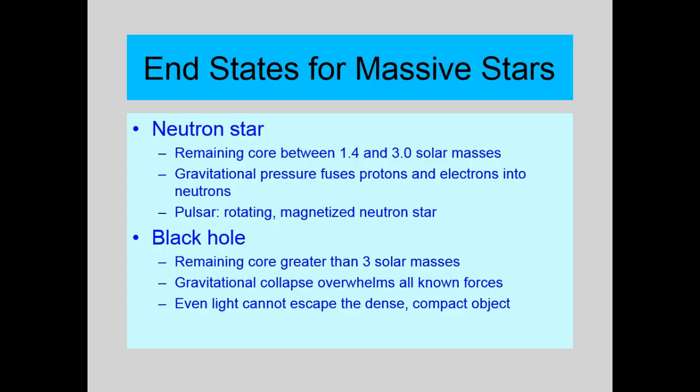Even light cannot escape that gravitational collapse. So you have this even more massive, more dense than these neutron stars, and even though they may be quite hot, they can't give off light because light gets pulled back in just like everything else gets pulled in. And the name they came up with was a black hole. Black because no light is coming from it, hole because everything's falling into it.